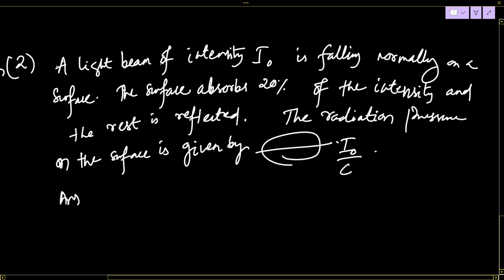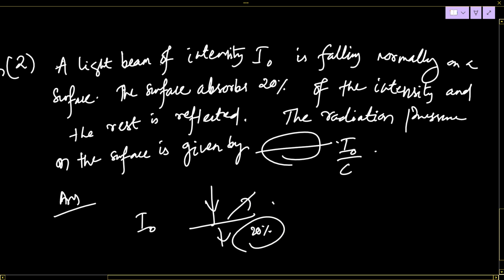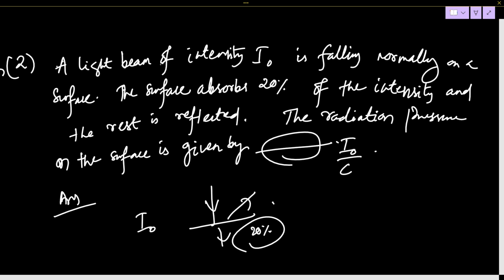Okay. Try the question. A light beam of intensity I naught is falling normally on a surface. The surface absorbs 20% of the intensity. The rest is reflected. So 20% is absorbed. The rest is reflected. Radiation pressure on the surface. So if you see, radiation pressure is what?